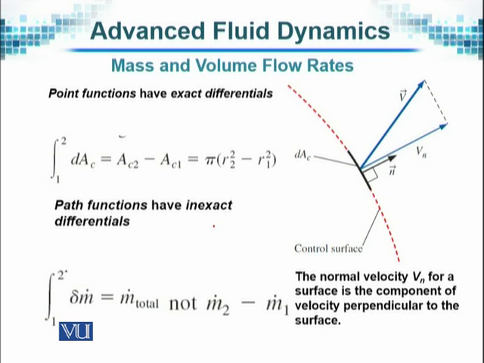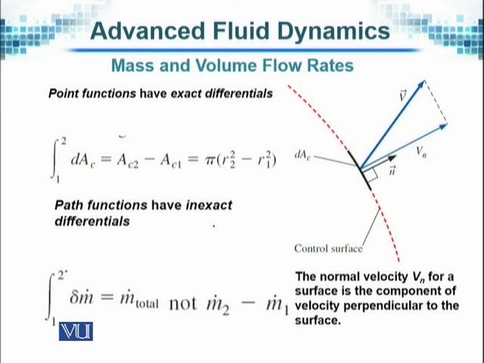And in terms of point functions, we have already mentioned that Vn is the normal velocity vector on the surface. A special alphabet has been used for it because it is not on a rectangular coordinate; it is a vector considered along a surface that is continuously changing shape.